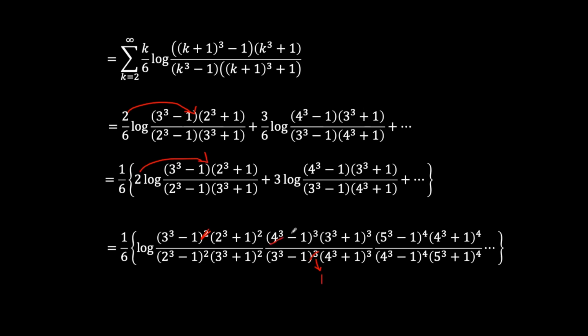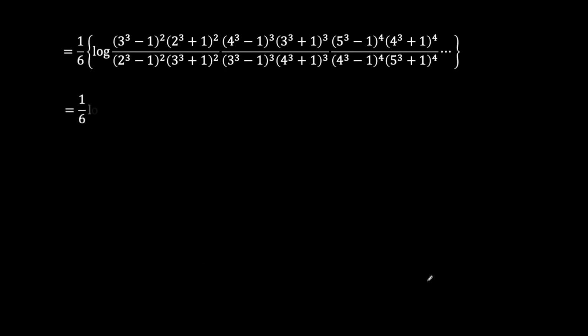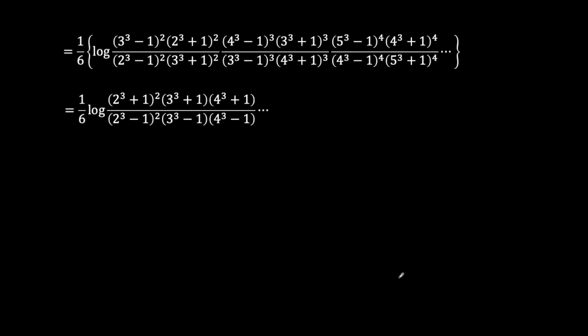And this would cancel, leaving this as 1. So essentially what that does is very interesting. We are left with just the initial term, which is 2 to the power 3 plus 1 squared over 2 to the power 3 minus 1 squared times 3 cubed plus 1 over 3 cubed minus 1, 4 cubed plus 1 over 4 cubed minus 1, and so on and so on.